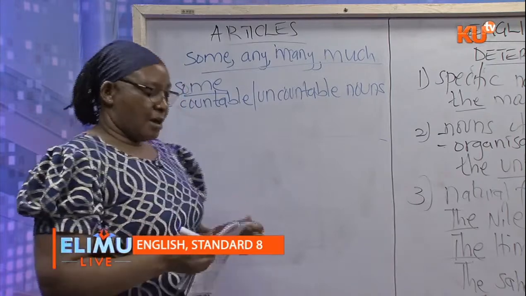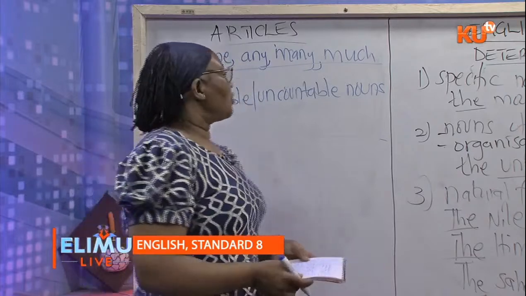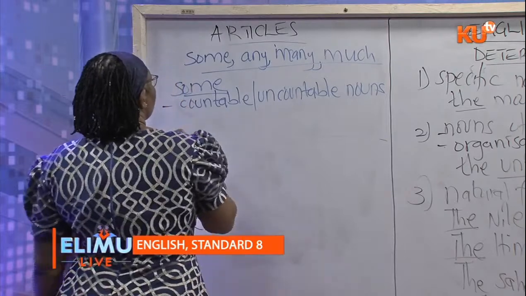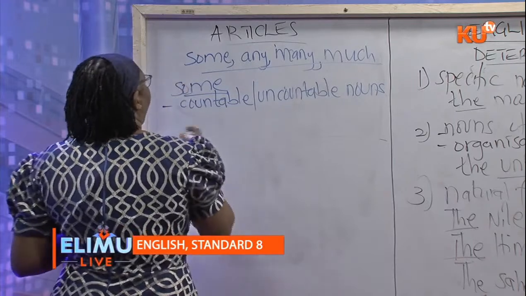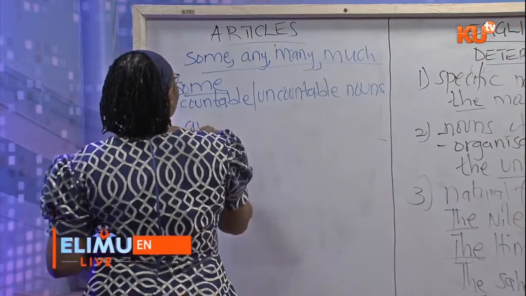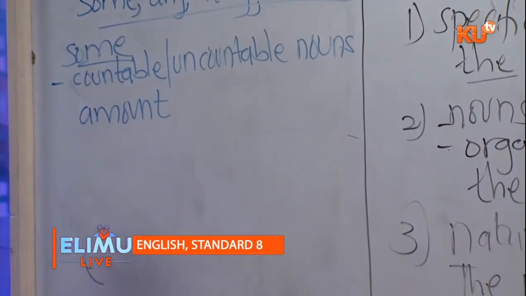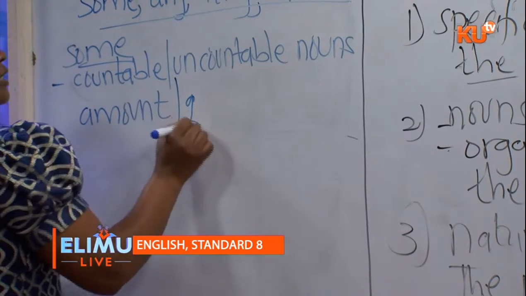You can count. You can say, I have 2 stones, I have 3 stones. So in that case, we are using it with countable nouns. With countable nouns, it shows the amount of something, or the amount of the noun, or also the quantity.